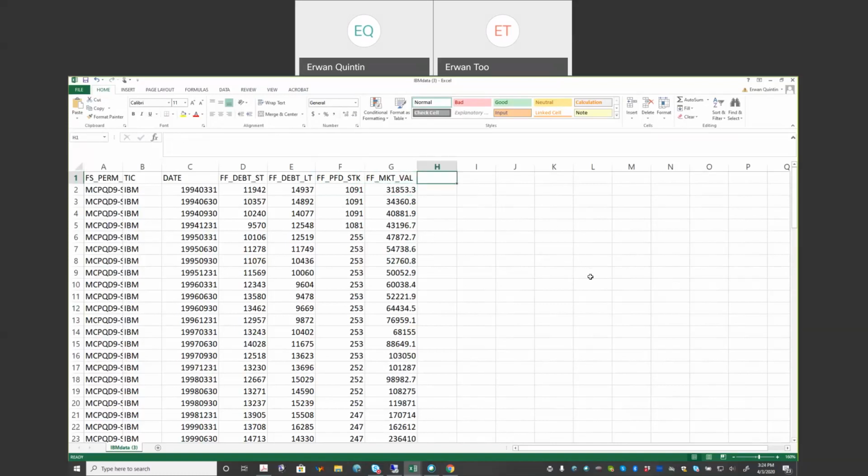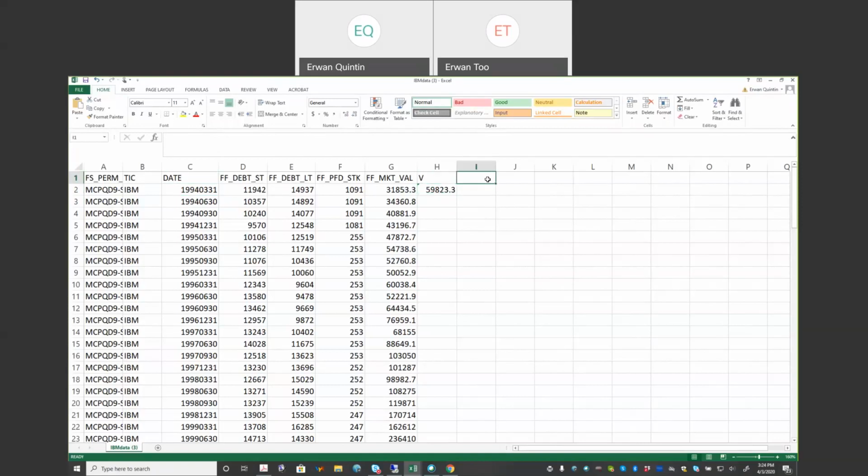So for instance, if I want to calculate the value of the corporation, it is the sum of all those liabilities. So it's going to be the sum of all my debt and all my equity. So this is the market value in millions of IBM in the first quarter of 1994.